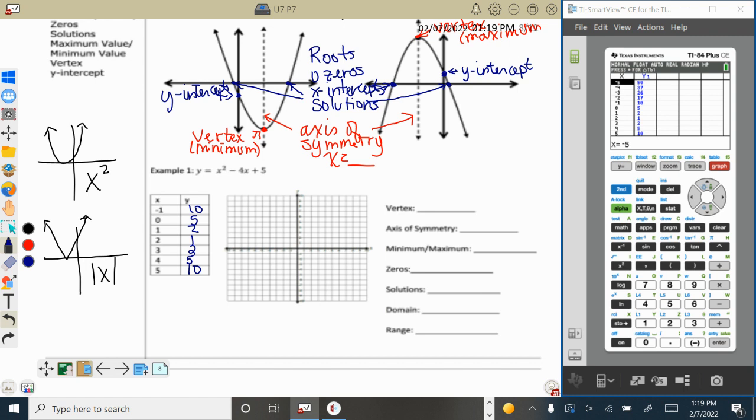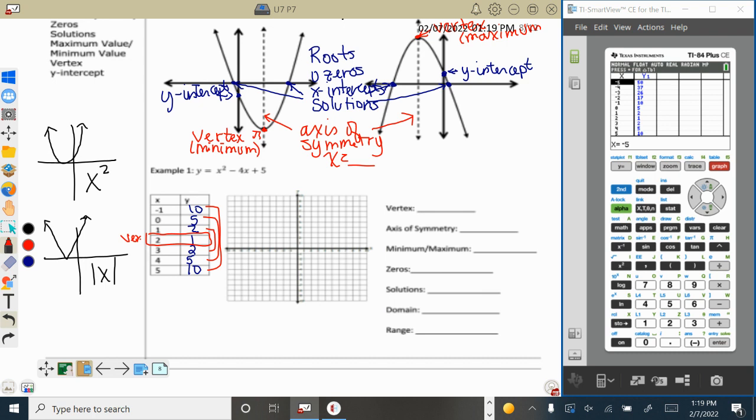Now, if you'll notice, my numbers are repeating on my y value. This number that's in the middle, where everything starts repeating around it, you see that the 2's repeat, the 5's repeat, the 10's repeat around it. That's symmetry on either side. But this point in the middle, this 2, 1, is going to be our vertex.